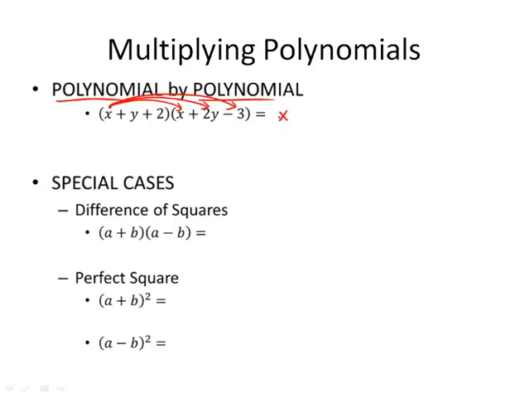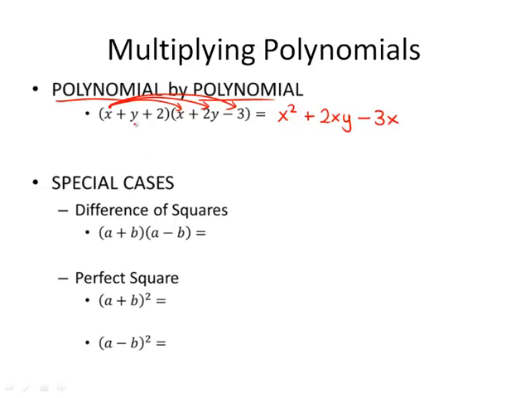x times x gives us x squared. x times 2y, and they're both positive, so it's positive 2xy. Notice in terms, usually we use alphabetical order. So plus 2xy, and then x times negative 3 gives us negative 3x.